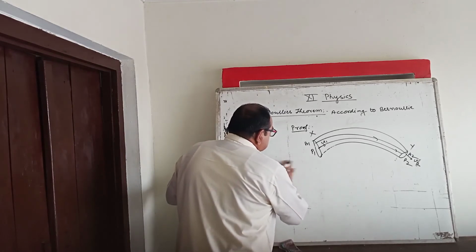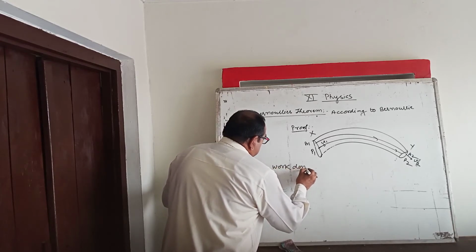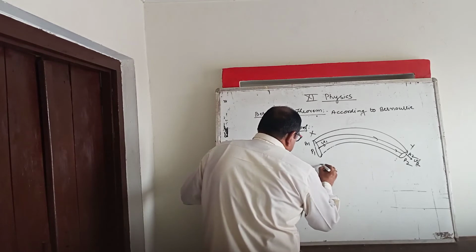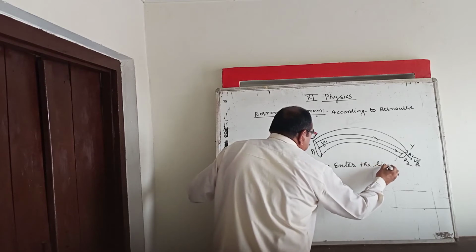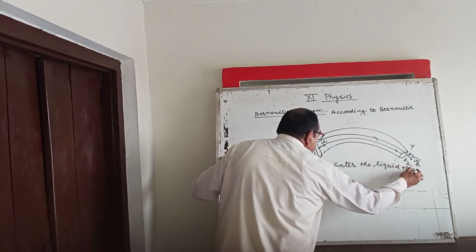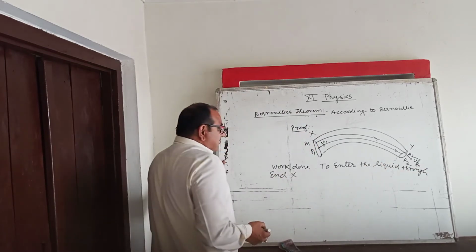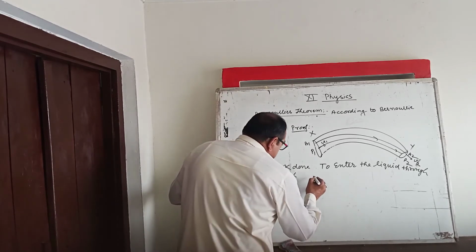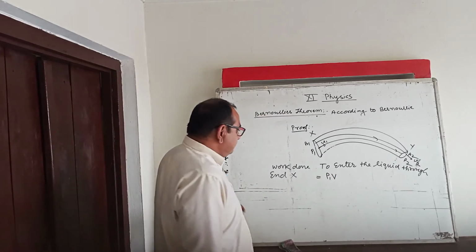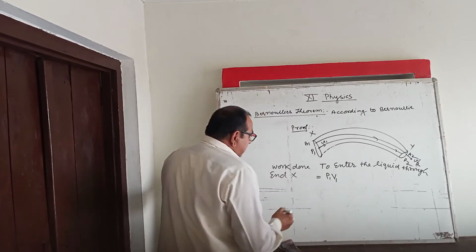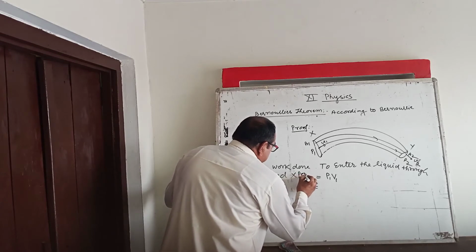Now, work done to enter the liquid through end X, I have told you, is pressure into volume, P1 V1, per second.